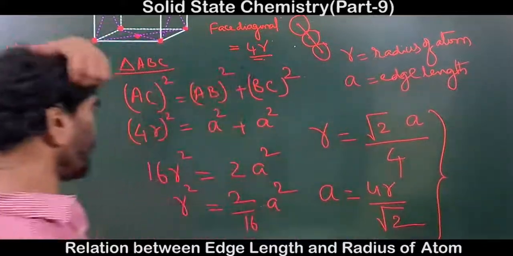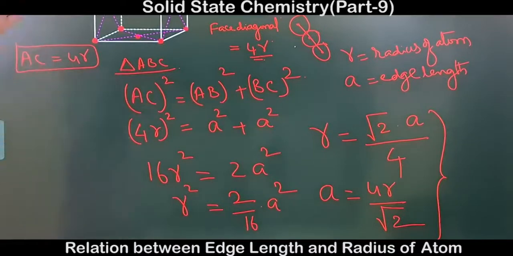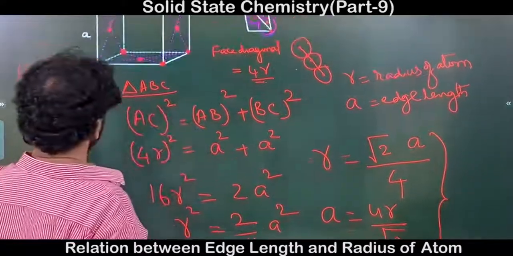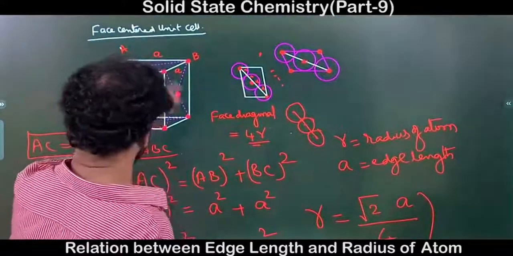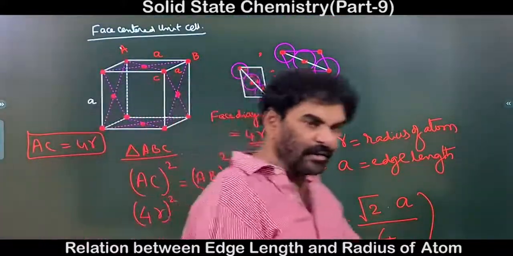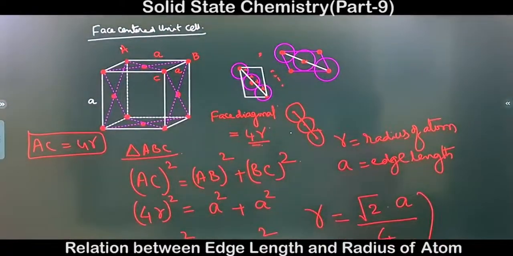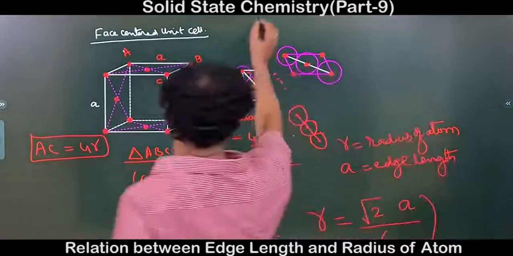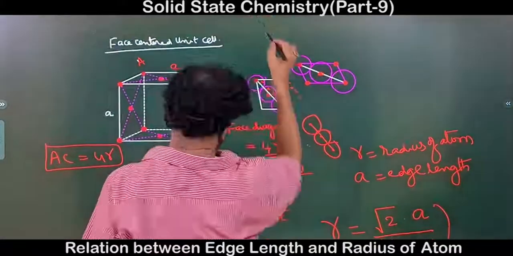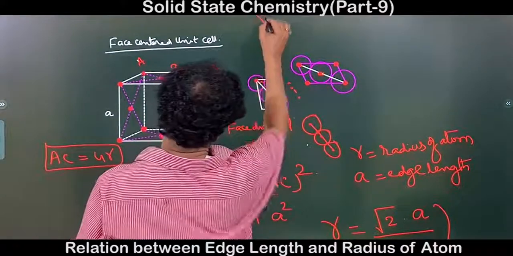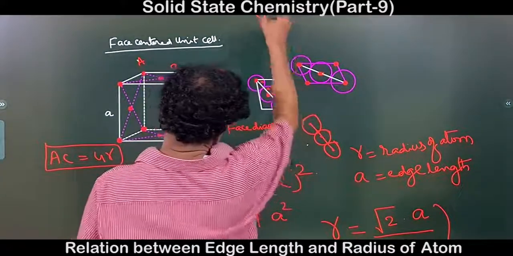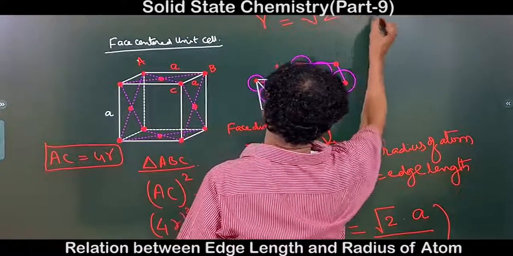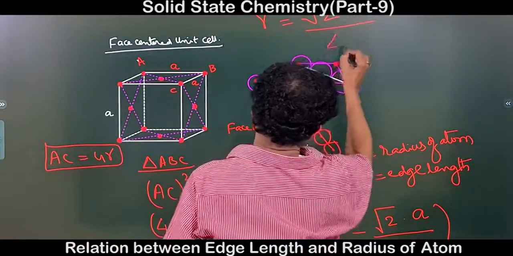For the face centered cubic structure, from the edge length of the unit cell we can evaluate the radius: R, the radius of the atom, is equal to root 2 into a by 4, where a is the edge length.